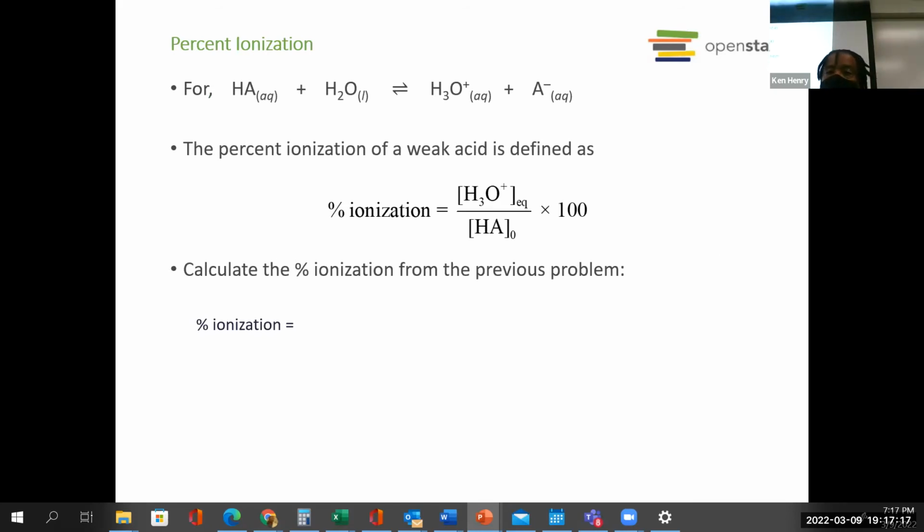Okay, so one of these ways is using the percent ionization. Percent ionization is just going to be the concentration of the hydronium ion at equilibrium divided by the initial concentration of HA. That gives us how much ionization has occurred in this situation.